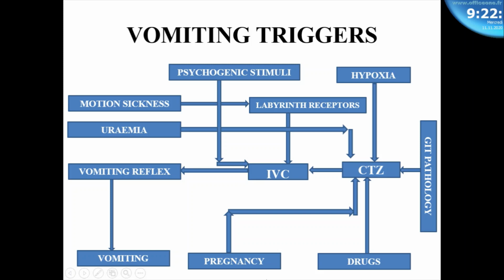Fourth, we have pregnancy. Of course, during pregnancy, we have many endocrine changes where we have a higher level of progesterone and estrogen in the blood. Remember, those hormones relax blood vessels to cause something like hypotension.